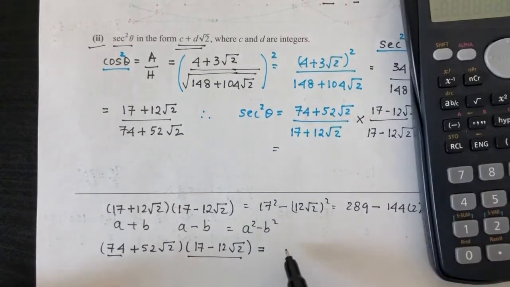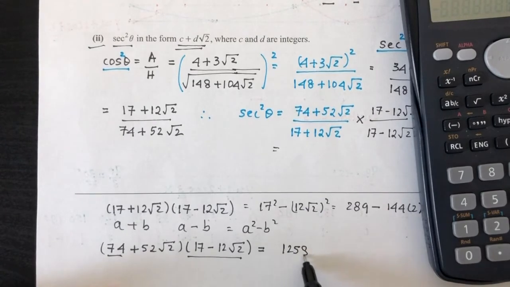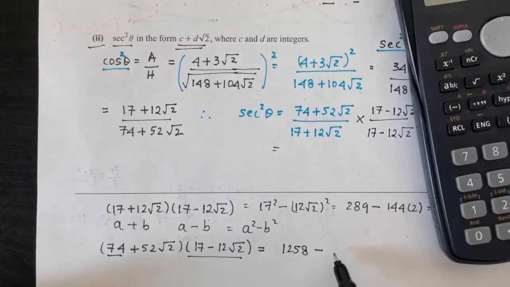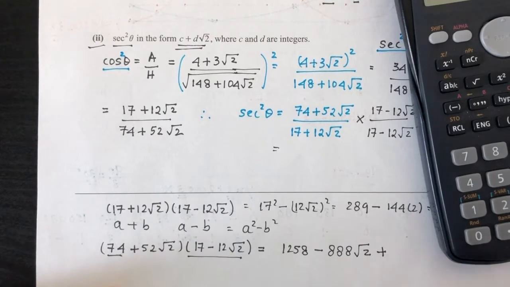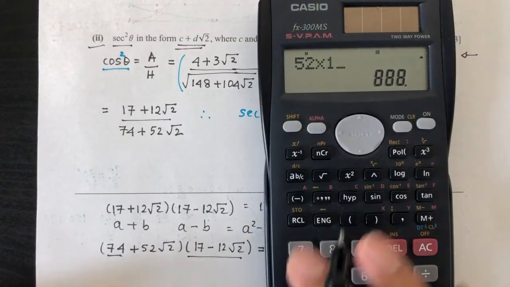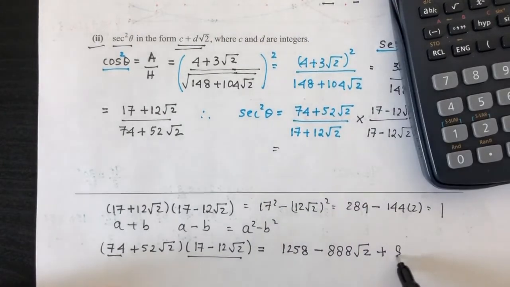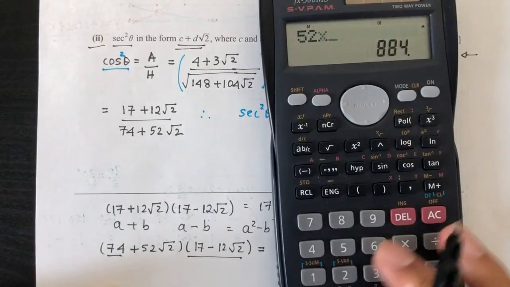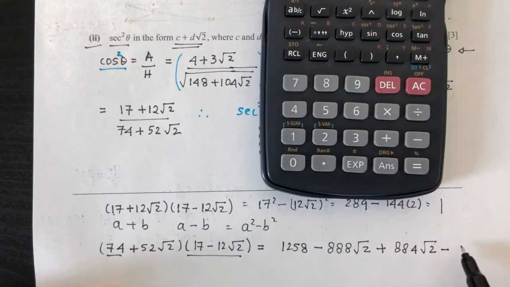That is 1258, minus 74 times 12, that should be 888 root 2. And then plus 52 times 17, 884 root 2. And then minus 52 times 12, that should be 624 times 2.